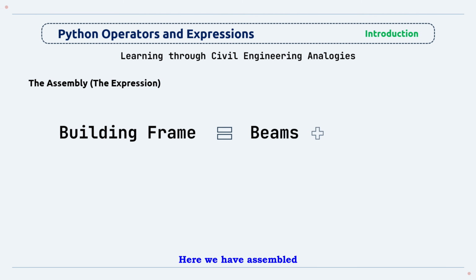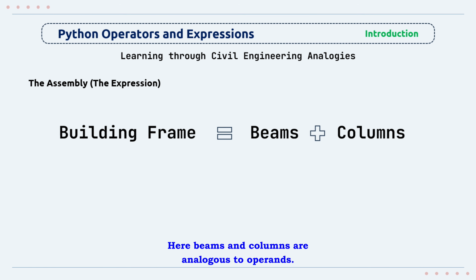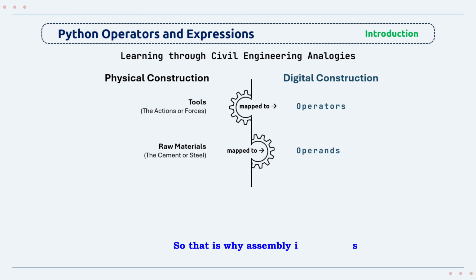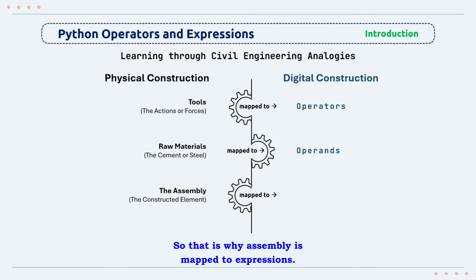Here we have assembled components like beams and columns to form a building frame or a meaningful structural element. Similarly, in Python, operators and operands combine together to form expressions. Here, beams and columns are analogous to operands. So that is why assembly is mapped to expressions.